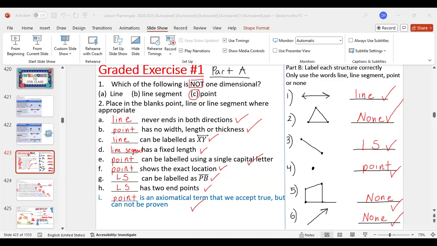All right, so that's pretty good. Like I said, these three structures are the foundation and we build off of them.